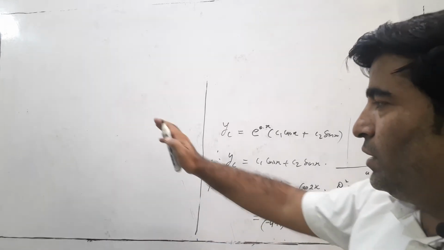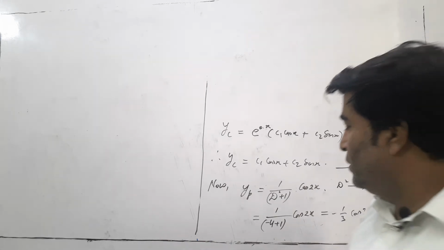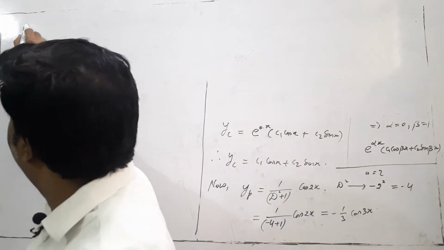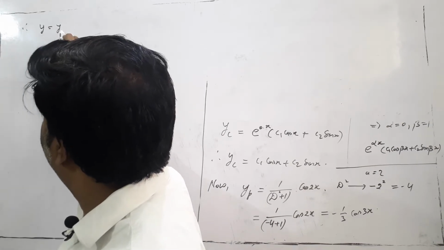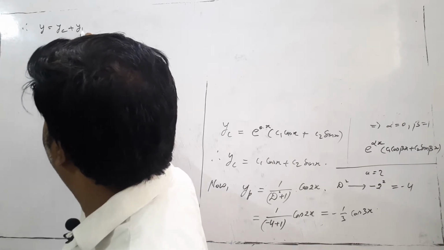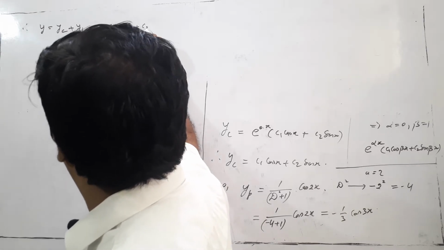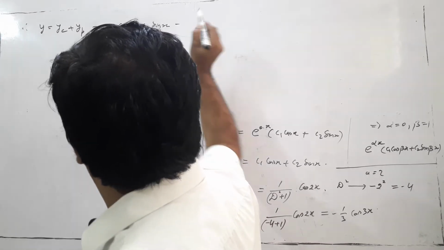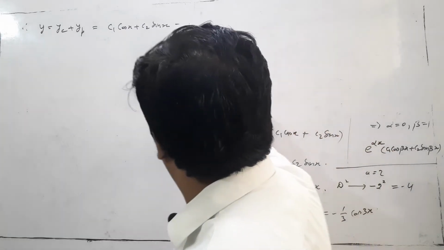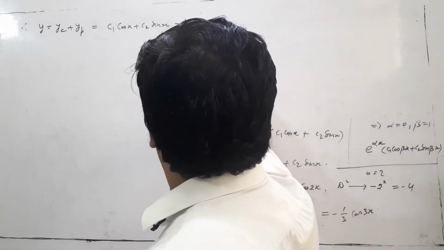Therefore, the complete solution of the given differential equation is c1 cos x plus c2 sin x plus the particular integral, 1 by 3 cos 2x.